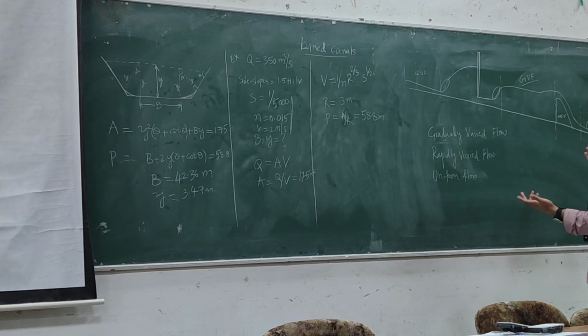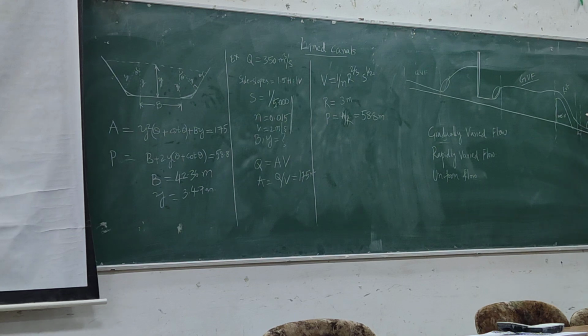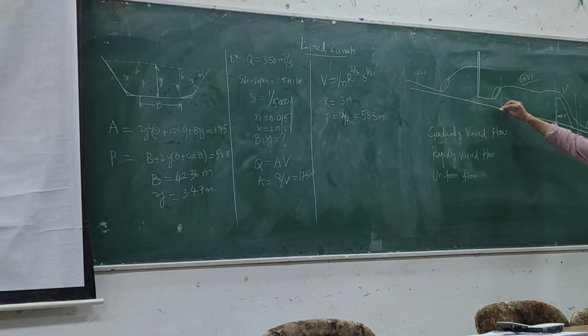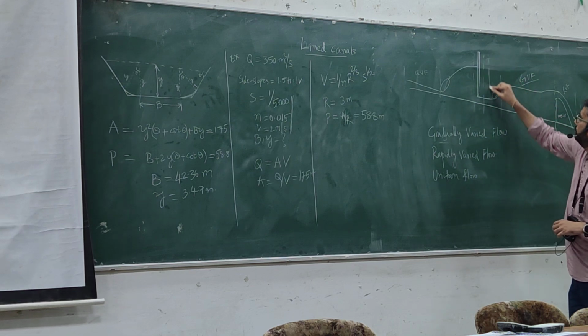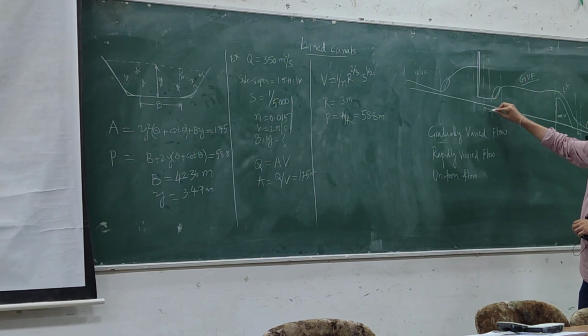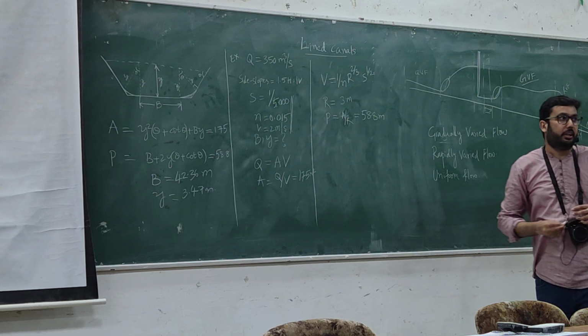So the rapidly varied flow, you marked it. So this is rapidly varied flow, and this is also rapidly varied flow. And if this distance is long, then you might observe gradually varied flow between those two. And again, same here. So this is rapidly varied flow. And if you have a long distance, you might see gradually varied flow here.